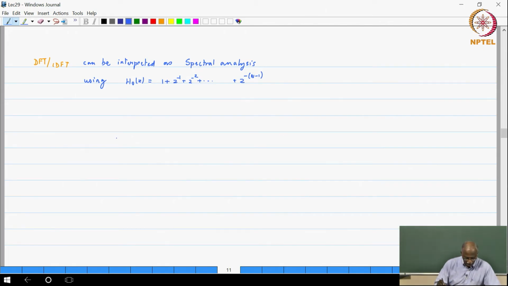Okay. So, again it is a rectangular, this is the prototype filter, and then all the other filters are DFT shifted versions of it.